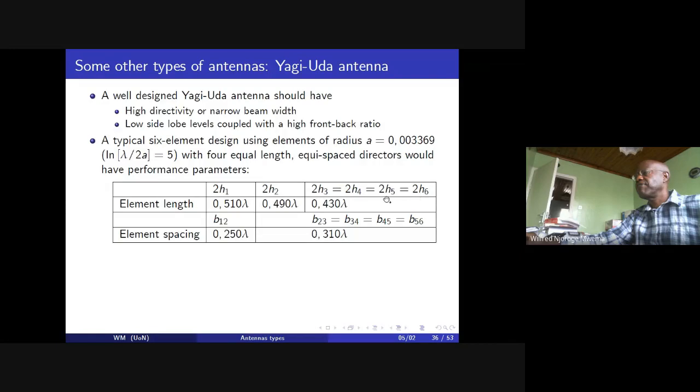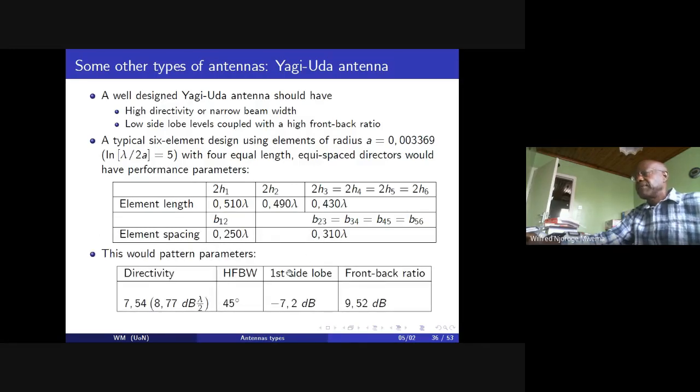And those are the directors which have been assumed to have the same length. So B21 is the separation, and we get a value of 0.250, quarter lambda, for the director, that is the active element and the director and the reflector, and then 0.310 lambda for the rest of the others.